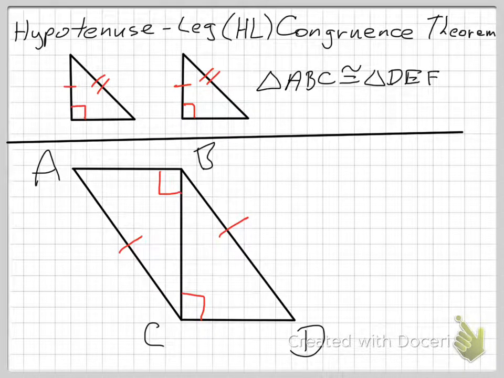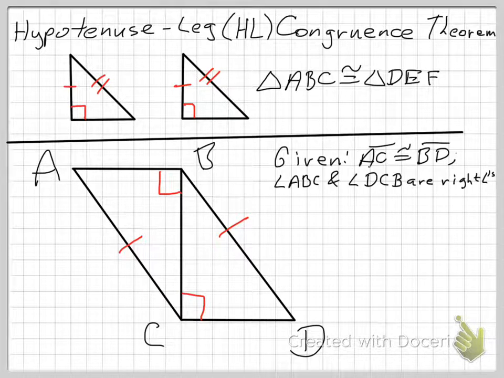So copy this down. This is the figure that we'll be trying to prove. This is the given. Given AC, line segment AC rather, is congruent to line segment BD. And angle ABC and angle DCB are right angles.